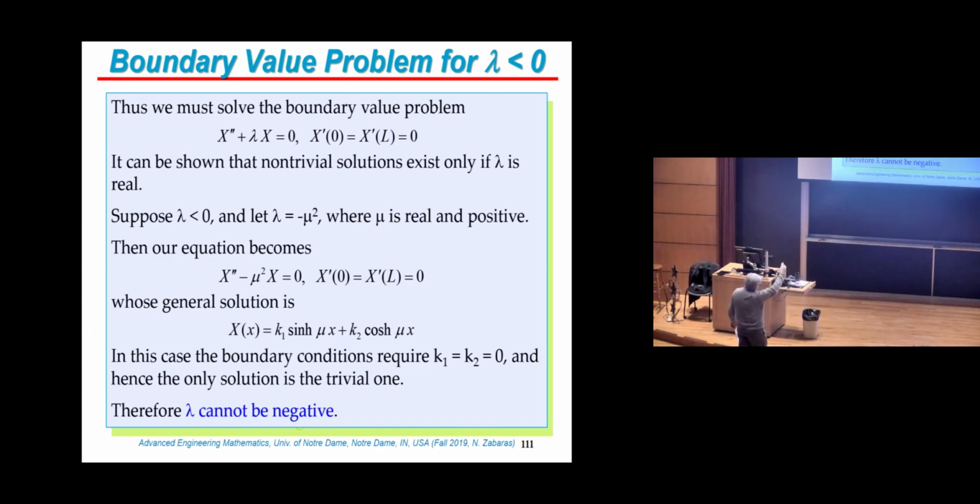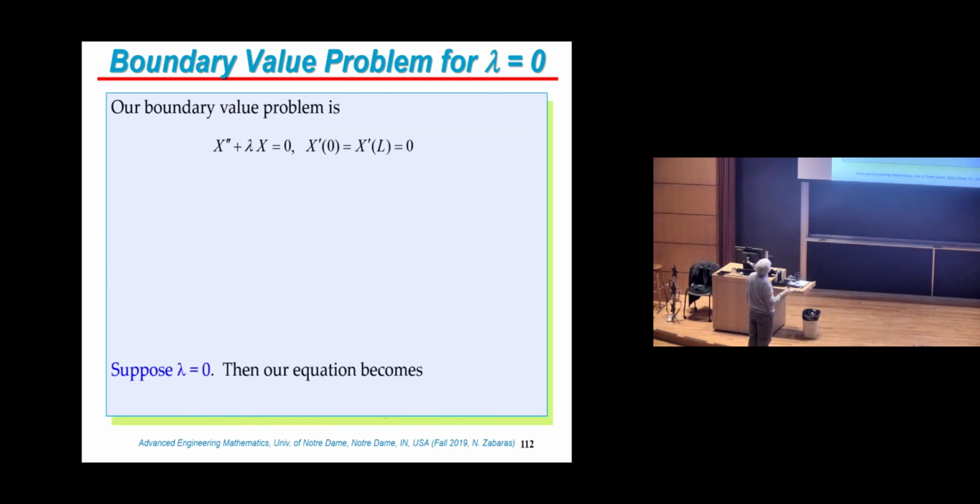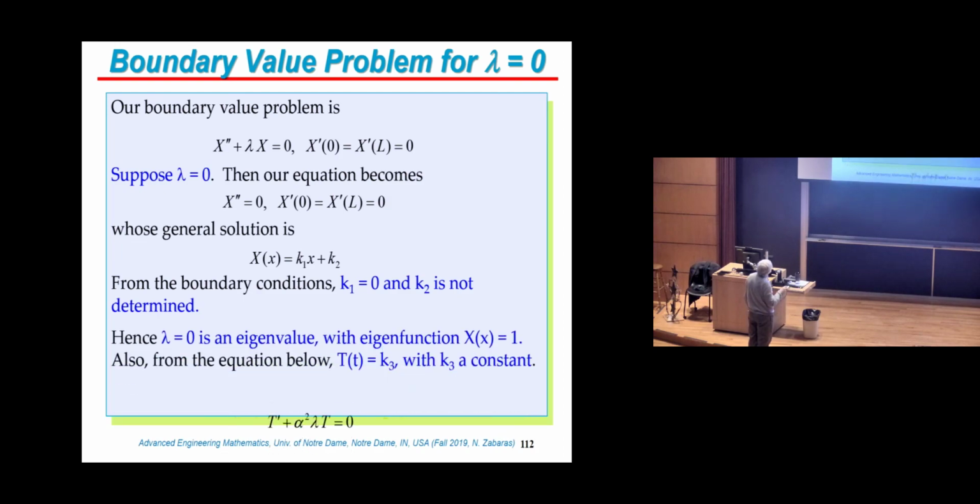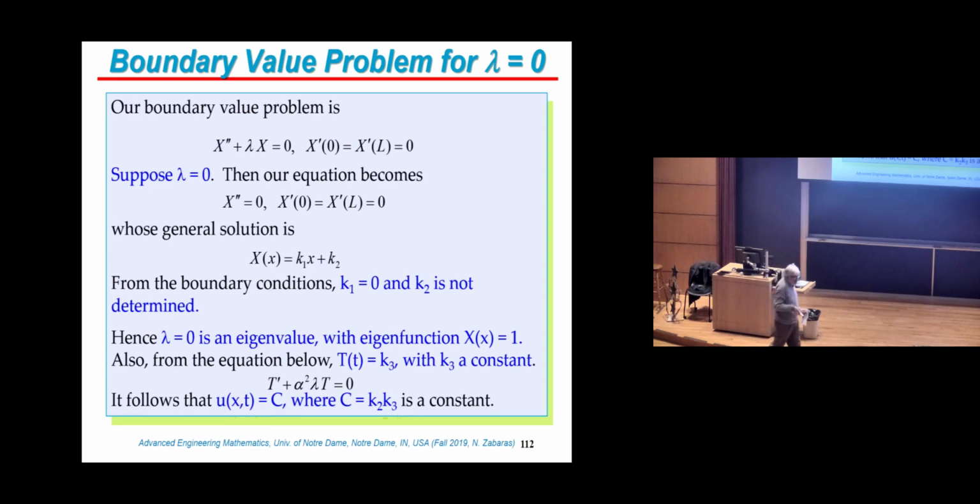And you can just follow the discussion. You basically get a 0 solution. If lambda equal to 0, actually it works, and you get a solution that is constant. It's not fun, but it's an important problem, right? The solution is not 0, it's a constant.